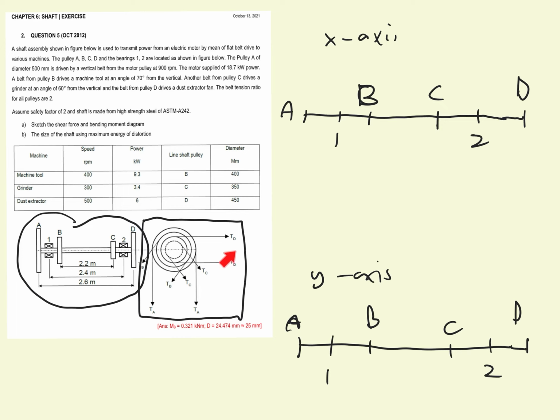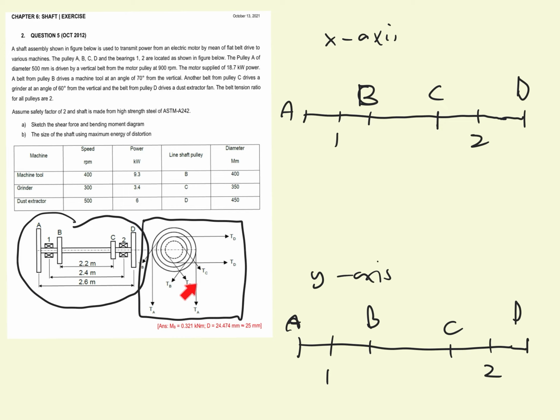As you can see for pulley D, the belt direction is horizontal, which means that for the x-axis there will be a tension or load force, but for the y-axis there will be no load acting on pulley D, because the belt is horizontal. Let's say we look into pulley A.